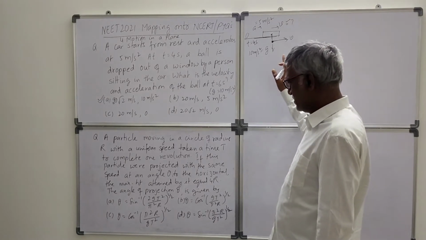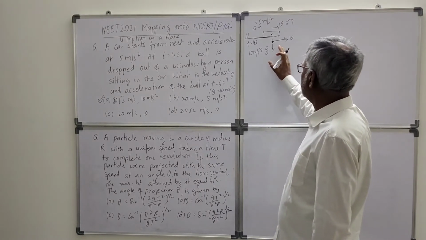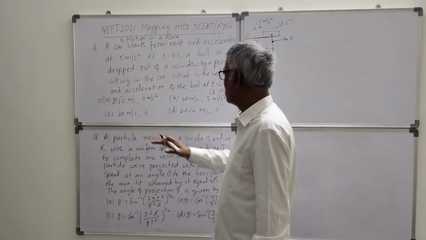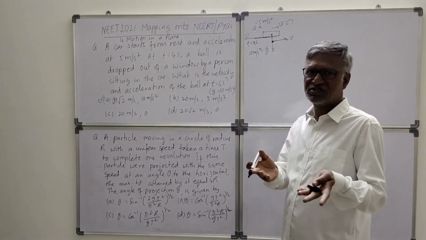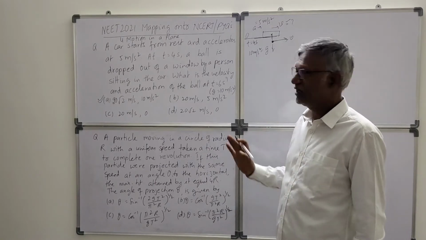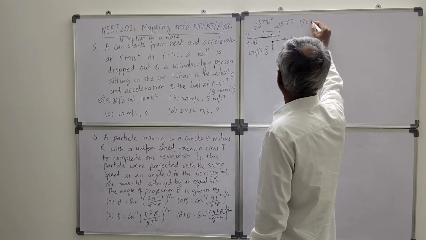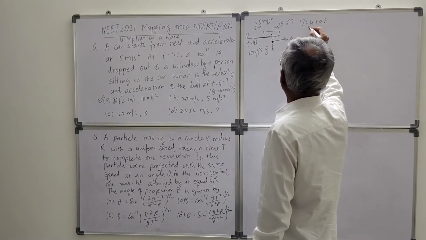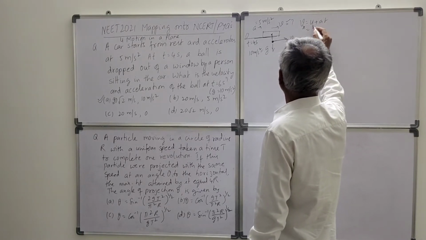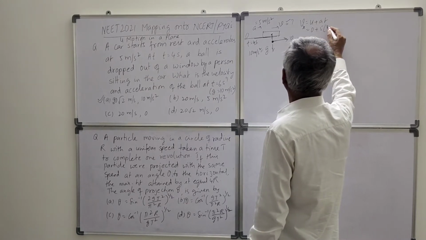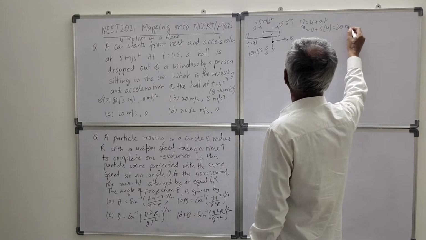Next, we will see how to actually solve this, to check whether this value is correct, just for your curiosity. What is the velocity at 4 seconds? V is equal to u plus at in the x direction. u is 0, a is 5 meters per second square, time is 4, so 20 meters per second.